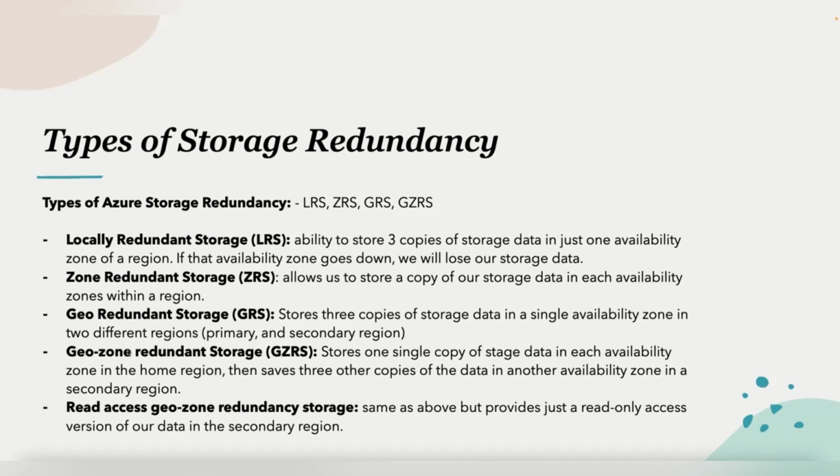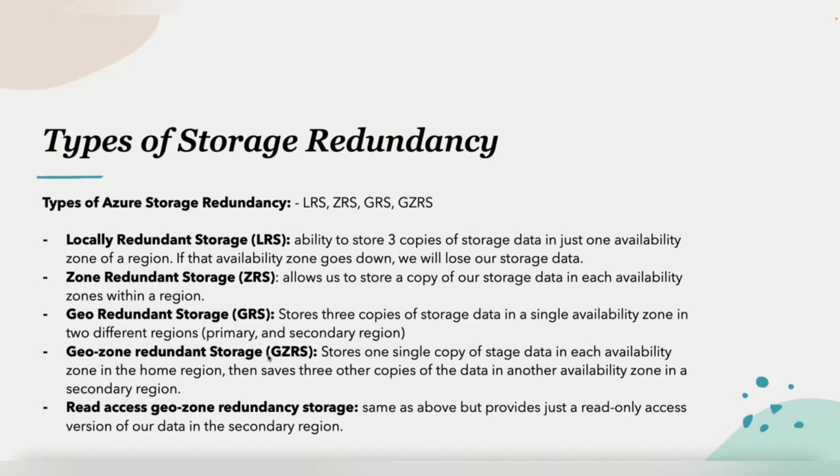When it comes to this geo-zone redundant storage option, we have our data being stored as one single copy in each availability zone of our home region. We then have the opportunity to store 3 other copies of our data within an availability zone of another region.